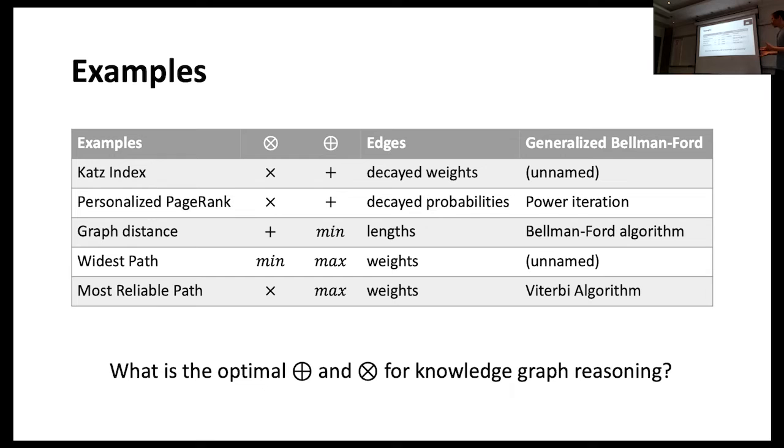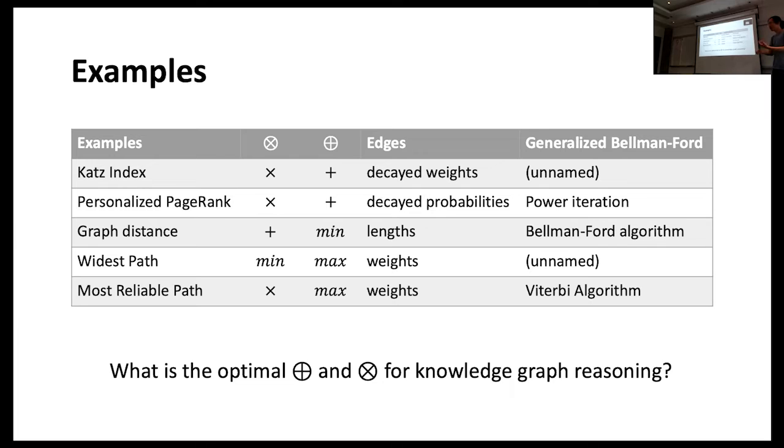But back to our question of knowledge graph reasoning, we can somehow use this kind of approach for knowledge graph reasoning, but the problem is that the definitions of these operations, like the product operation and the summation operation, are handcrafted. So they might not be optimal for knowledge graph reasoning, especially considering that different knowledge graphs may have different semantics.